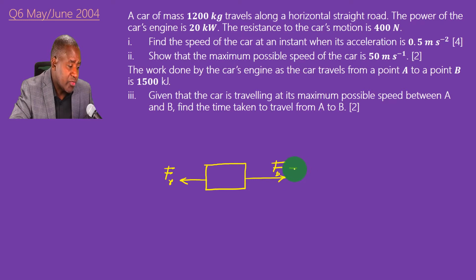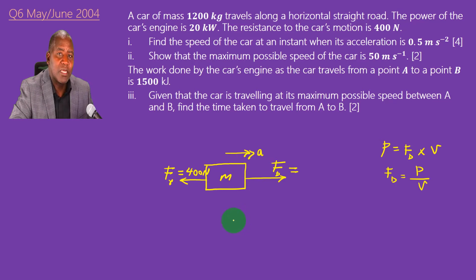So this driving force will be the one obtained from power is equal to driving force times the speed. In other words, the driving force is power over the speed. The resistance is obviously 400 newtons. There is no problem with that. This is the mass of the car, and this is the acceleration that the car has at that instant of time.